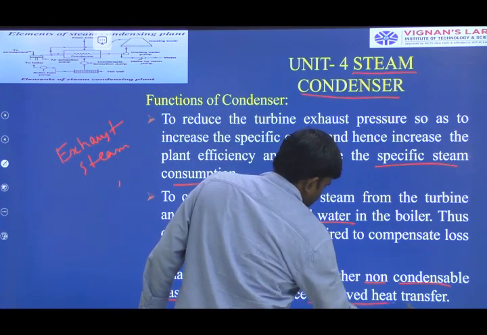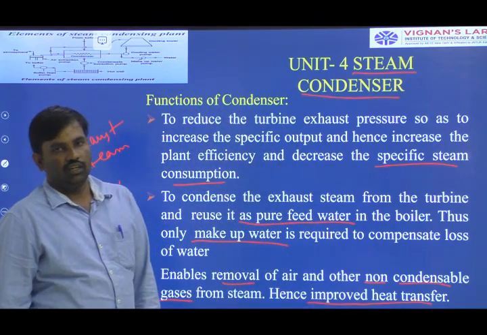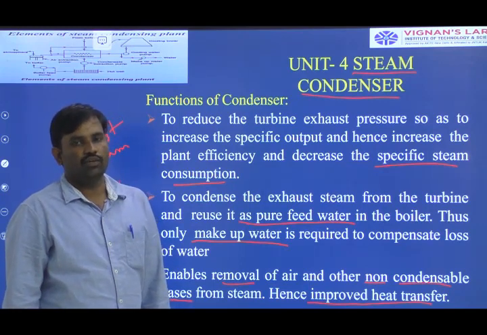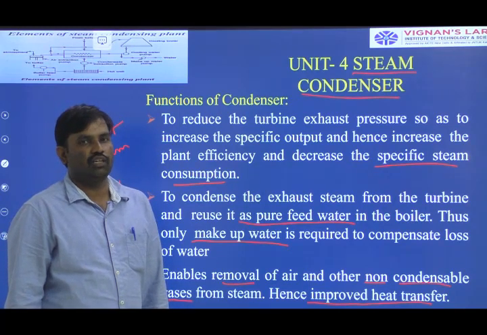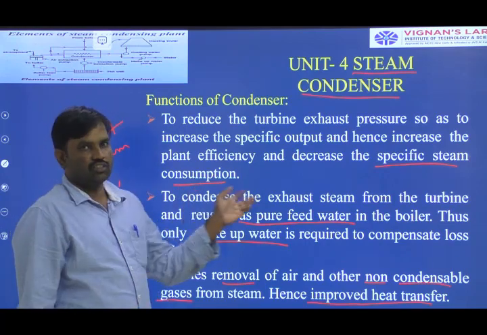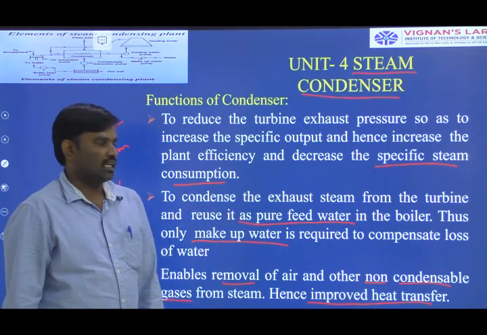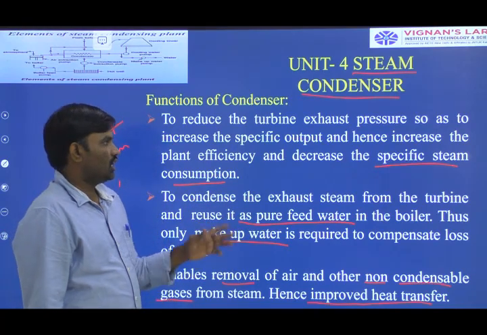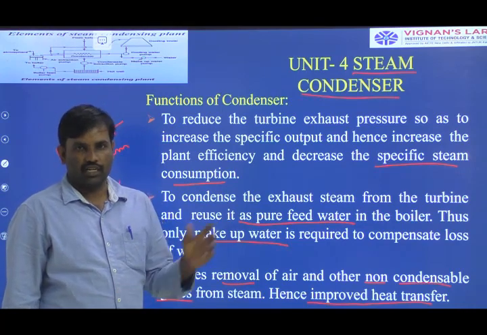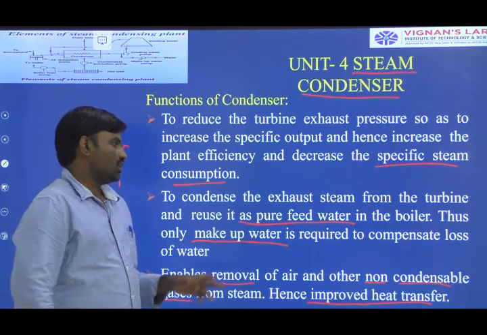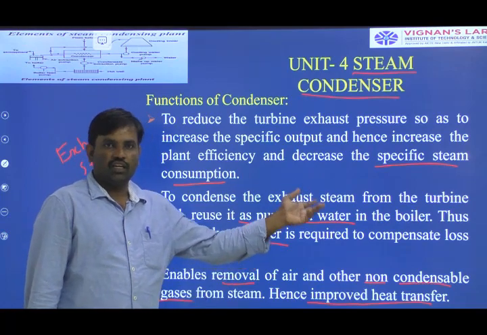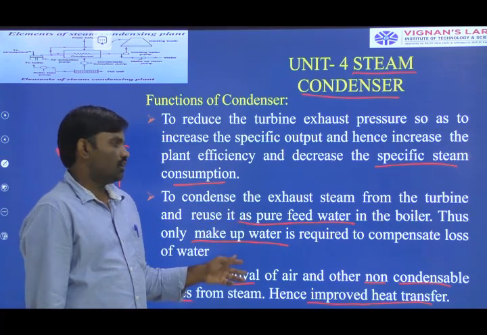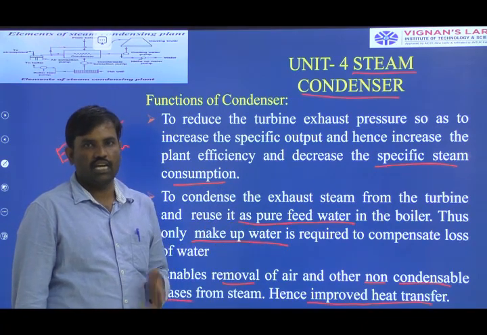Because of that, we can improve the heat transfer rate between the hot fluid and the cold fluid. For the condensation process also, we have to maintain 2 different fluids: one is the hot fluid and the second is the cold fluid. The hot fluid exchanges its heat to the cold fluid. Here, the cold fluid is a cooling medium that we send to the condenser section for the condensation process, and we reduce the temperature of the hot fluid, the steam. The exhaust steam is the hot fluid, and the cooling medium is the cold fluid.